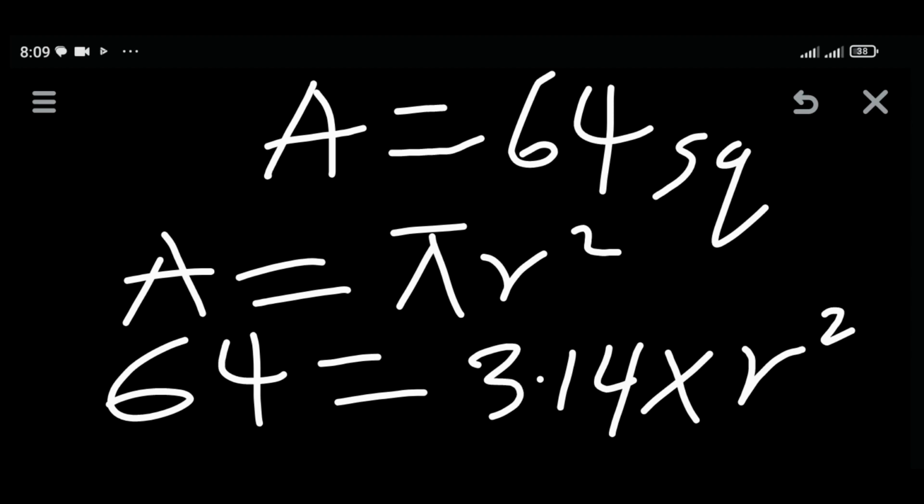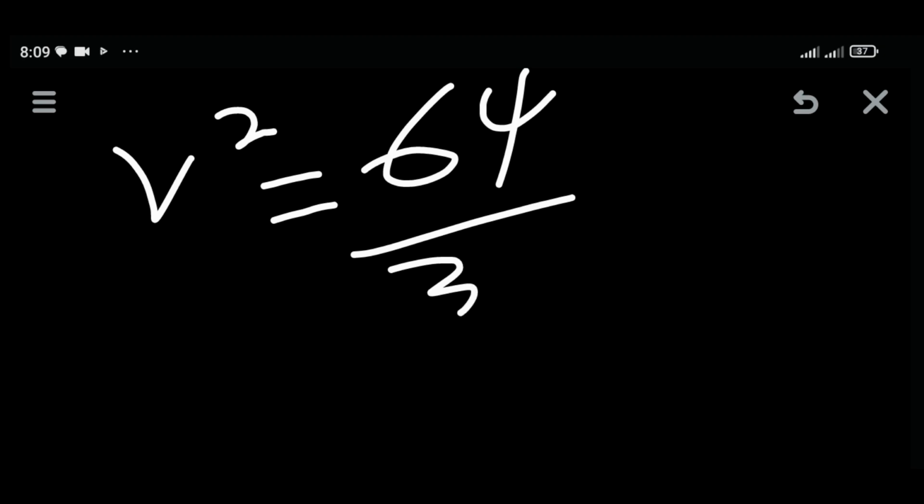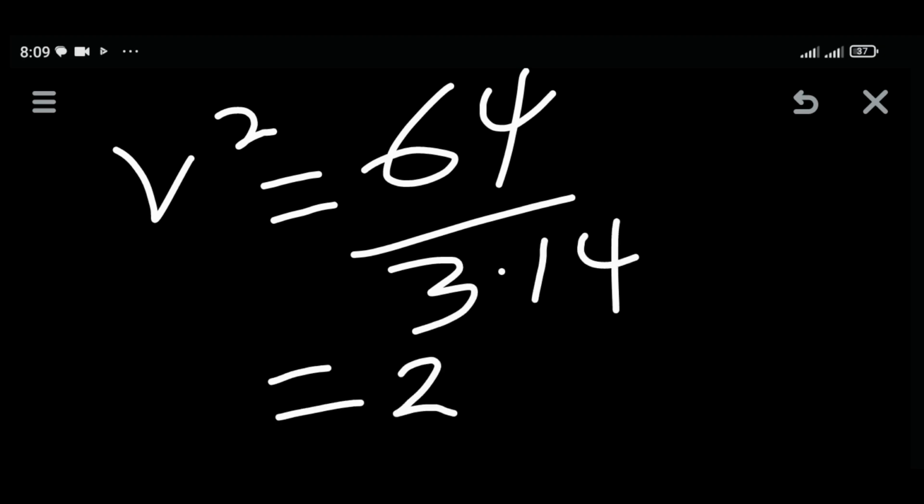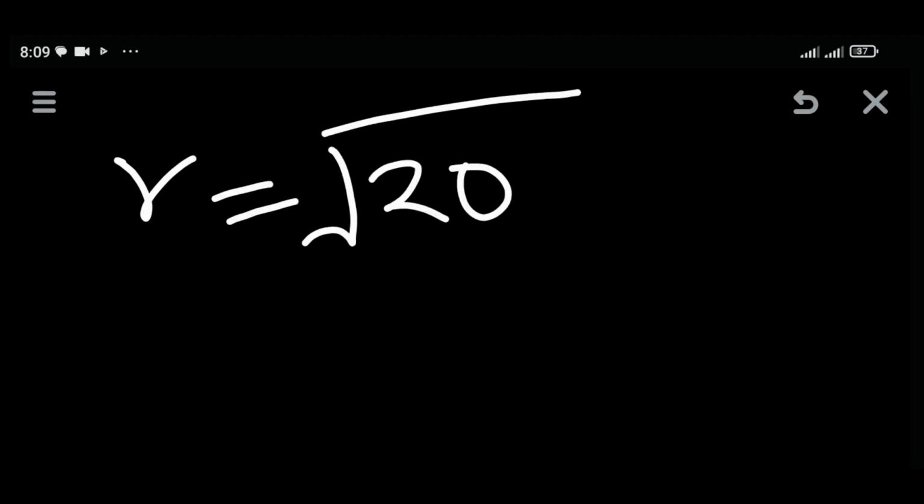So to make r squared the subject of the formula, we have r squared equals 64 over 3.14, which gives us 20.38 as our r squared. But we need to find the square root of this. So to find the square root, we have our r to be the square root of 20.38.